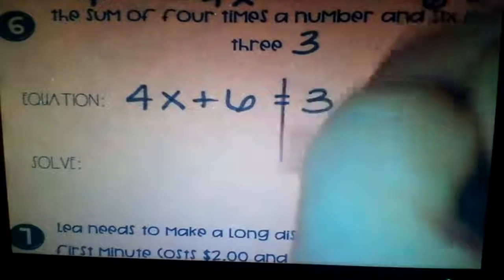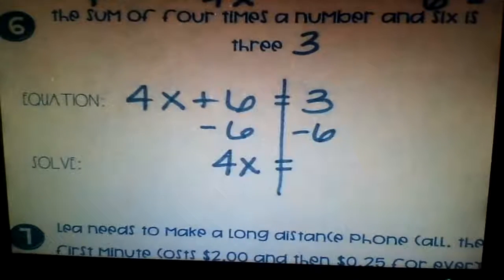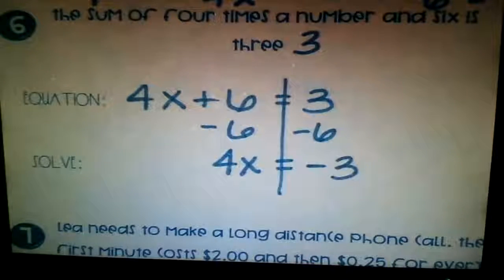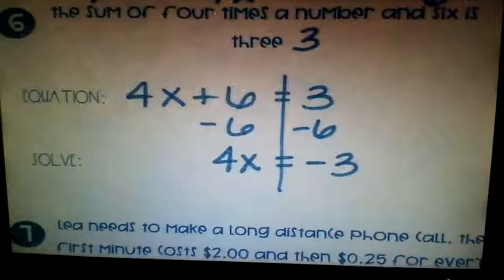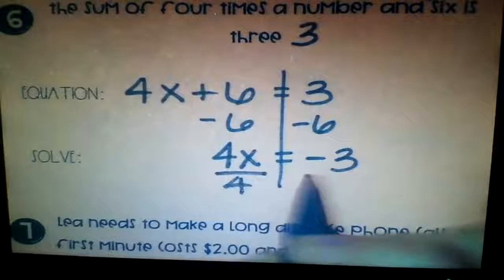I heard somebody say minus 6 now. What's 3 minus 6? Negative 3. Divide by 4.